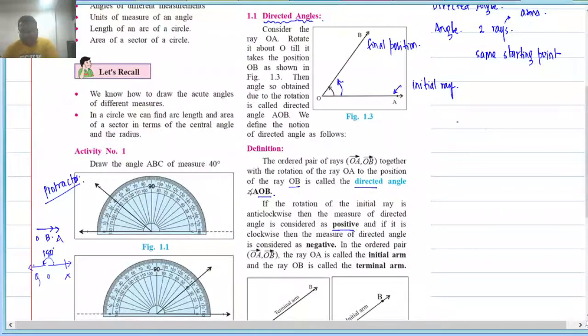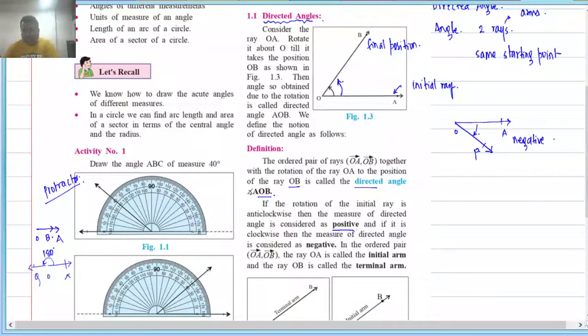And if OA bar is rotated in the clockwise direction to reach, say, OP bar, then this particular angle which we formed just now is called a negative angle.